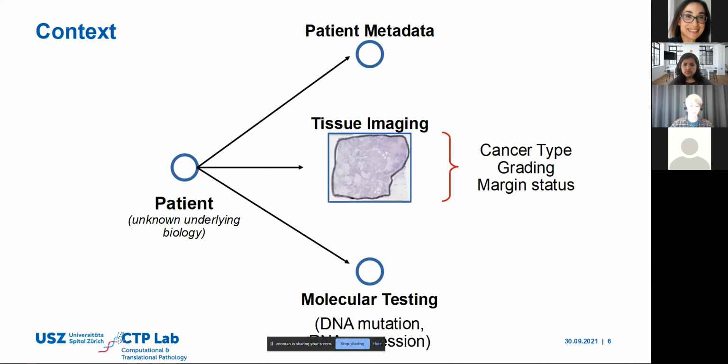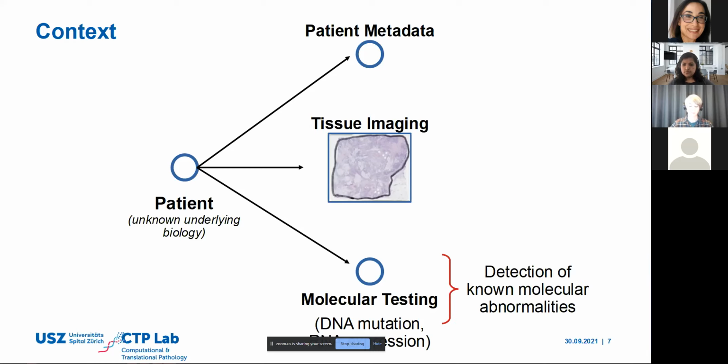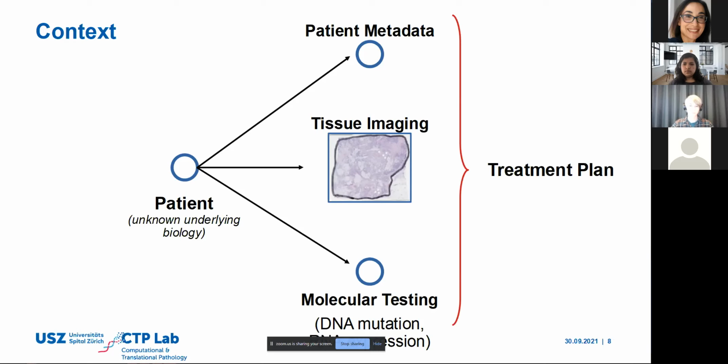But molecular testing is also another option, as there exist well-validated molecular markers that can be detected and can help clinicians to adapt and choose the optimal treatment. So for instance, the overexpression of the ERBB2 gene in breast cancer will indicate a resistance to specific drugs.